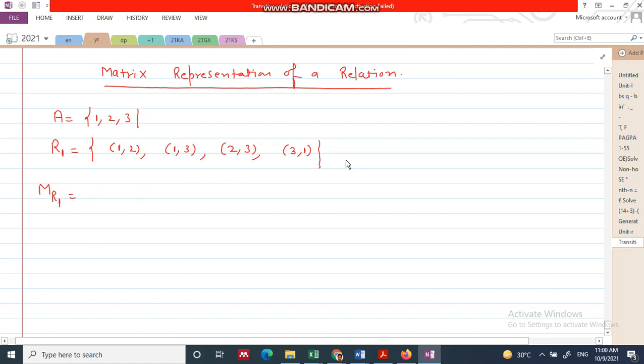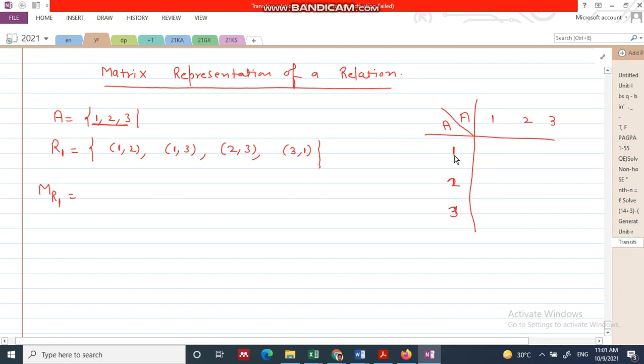In this set you have only three elements, so the relation is defined from A to A. So on both sides, write the elements of the set: 1 2 3, and here also the elements of the set 1 2 3.